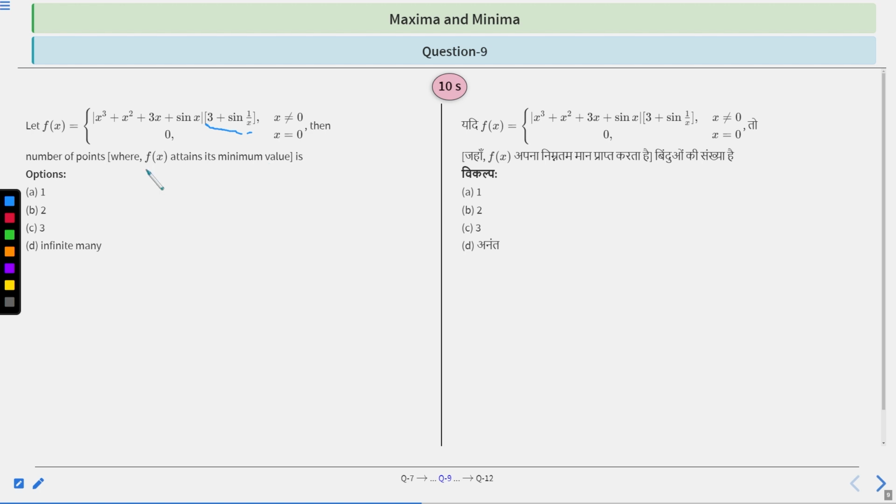So the value of 3 + sin(1/x) is basically between 2 to 4. And we can find the minimum value of this expression. So we can say where the point x equal to 0 is lying: is it giving the minimum of all the values, or the maximum of all the values, or in between them? By this way you can approach this question.